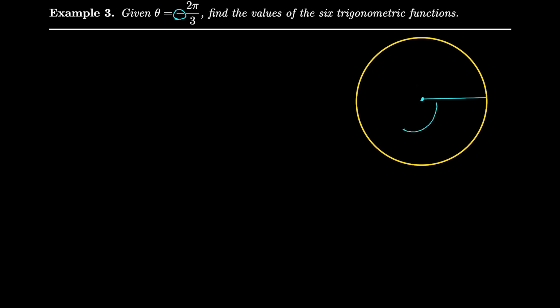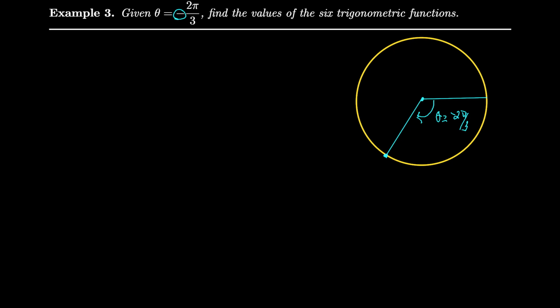So what we need to do is swing around 2 pi over 3, that is 120 degrees, but instead of swinging around this way to right here, we're going to start right here and we're going to swing around this way to right here. That is, this angle right here is theta equals negative 2 pi over 3.